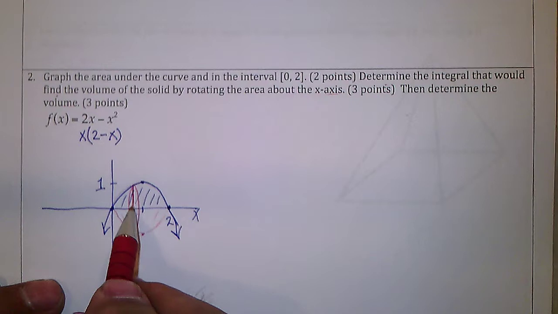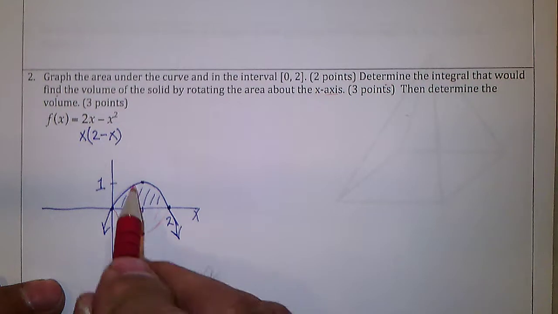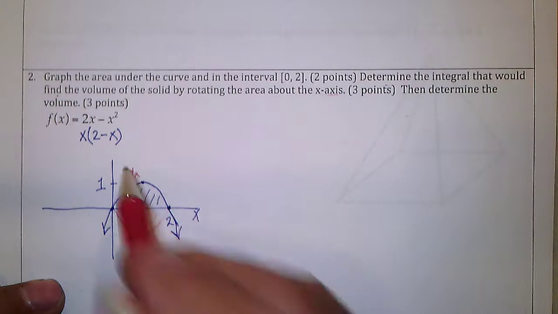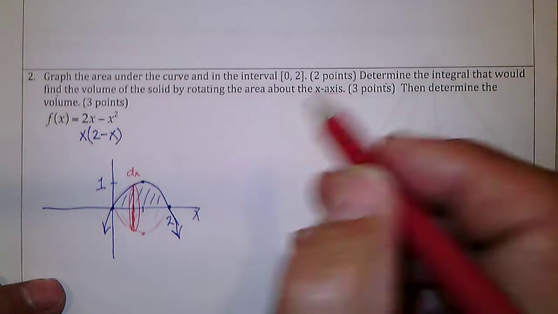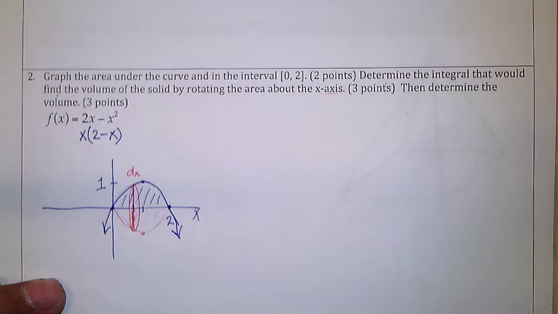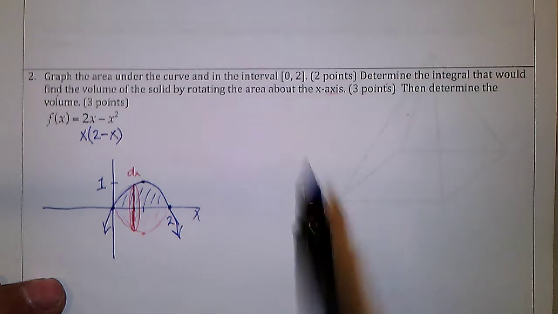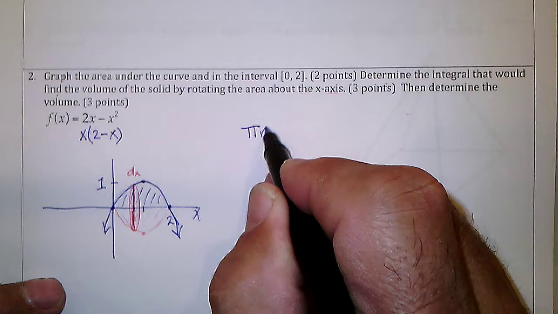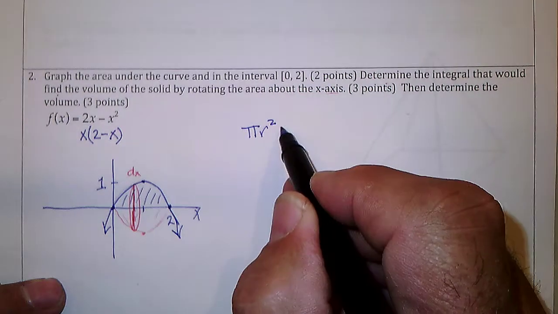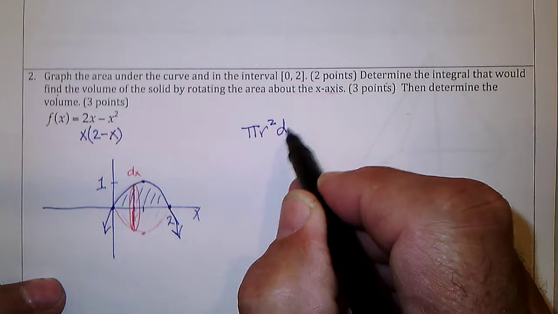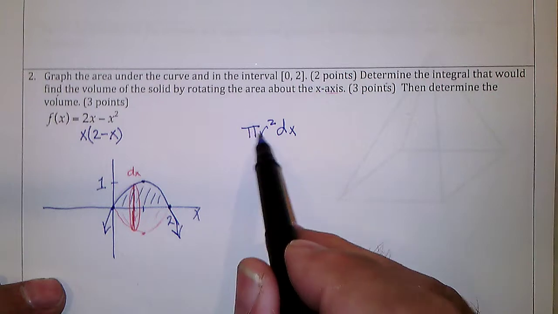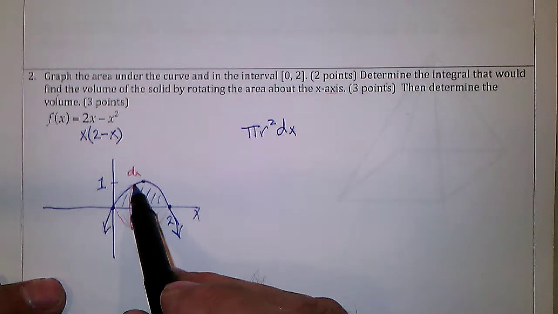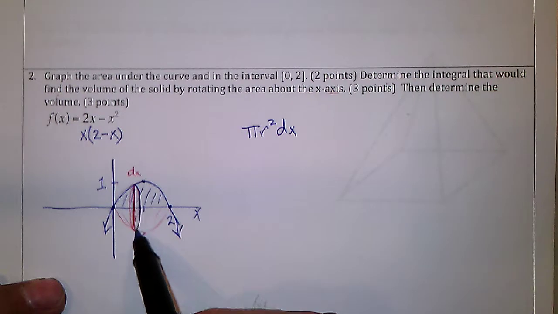The thickness is, since we sliced it perpendicular to the x, the thickness is dx. So the volume would be the area of the circle times the thickness of it, because it's pi r squared h, the volume of a cylinder, and this is just a really short cylinder.